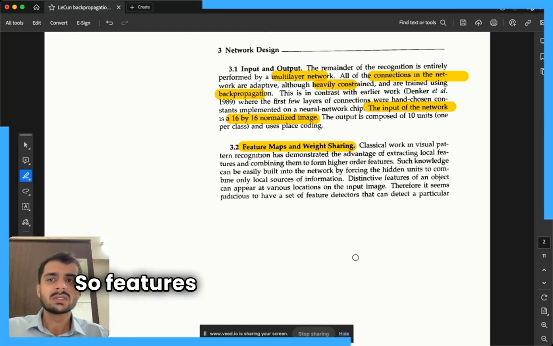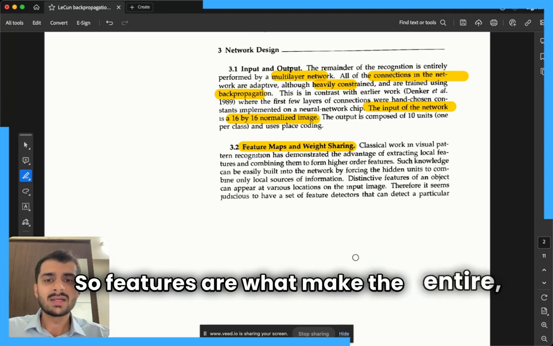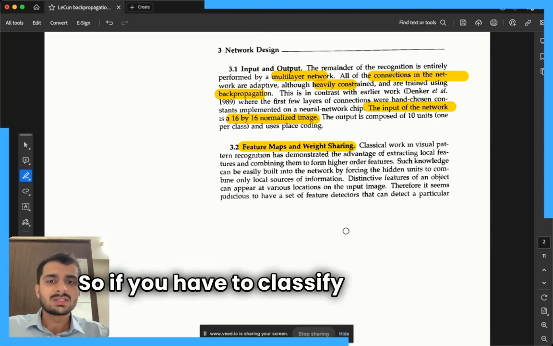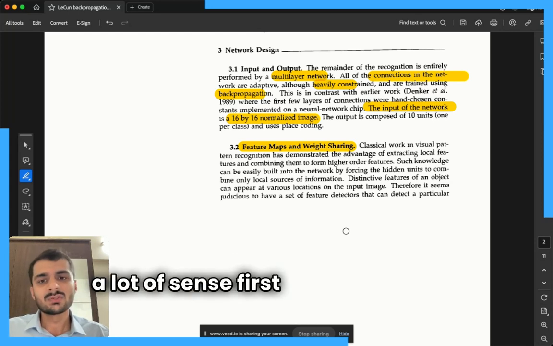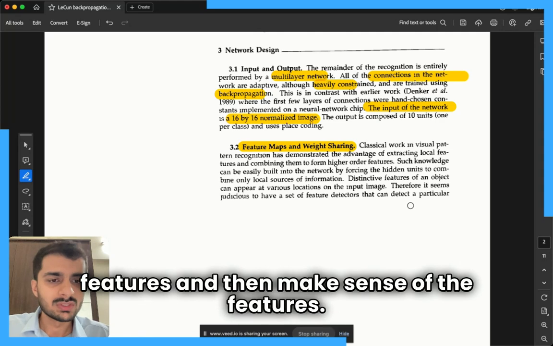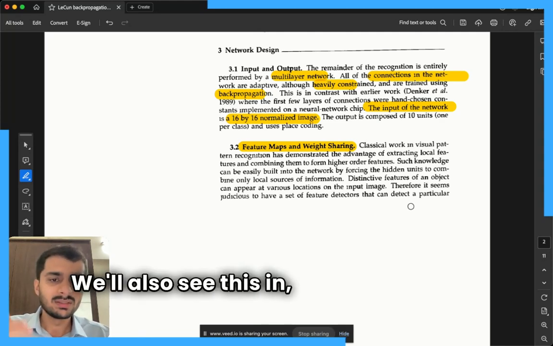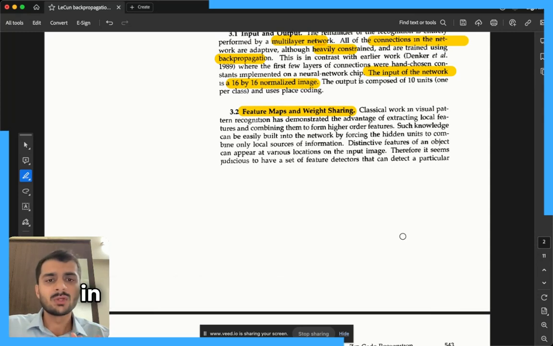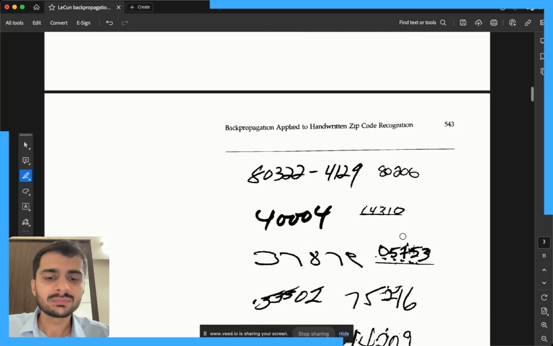So features are what make the entire image. If you have to classify an image, it makes a lot of sense first to extract all the features and then make sense of the features. We'll also see this in detail as we go along. Just keep this word called feature maps in your mind before we move ahead.